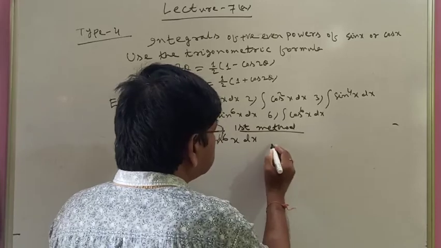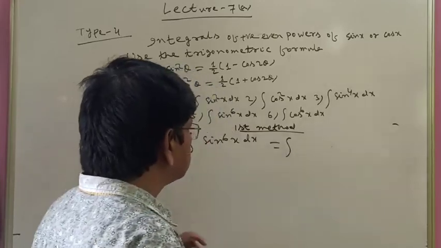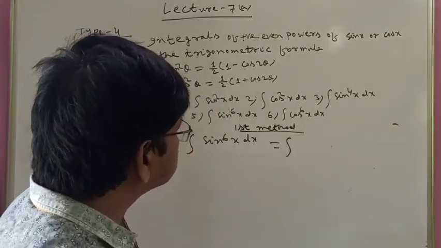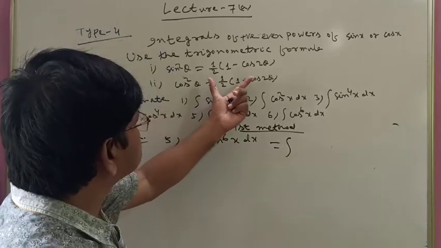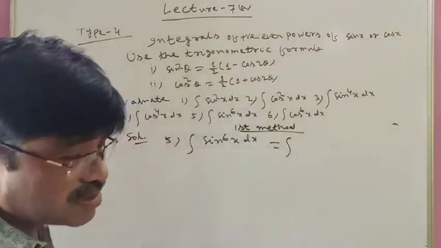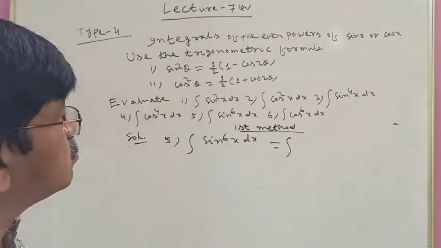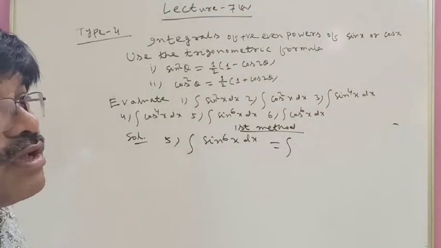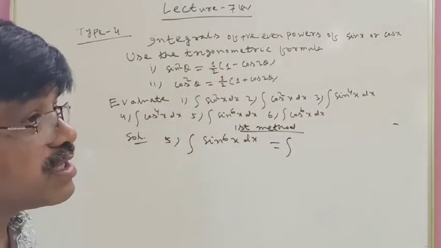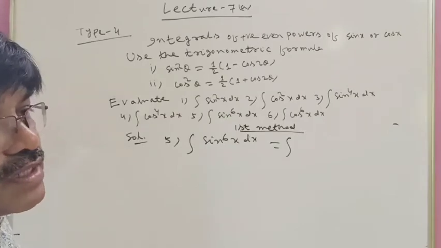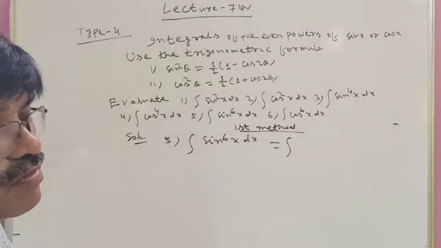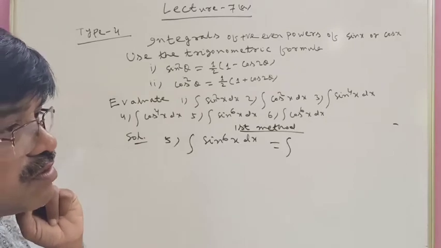This you can write as sin square x whole cube, and sin square x is half into 1 minus cos 2x, whole cube. Then again it is a minus b whole cube, and you have to expand that formula. You know a minus b whole cube is a cube minus 3a square b plus 3a b square minus b cube.